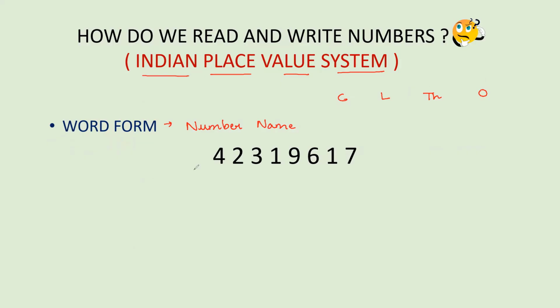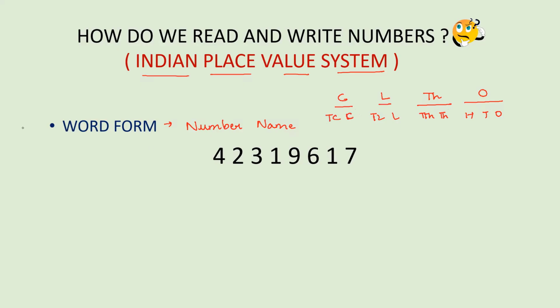We will write down the number according to the periods. Ones have 3 places, ones, tens, and hundreds. Thousands have 2 places, thousands and 10,000s. Lakhs have 2 places, lakhs and 10 lakhs. And crores also have 2 places, crores and 10 crores.